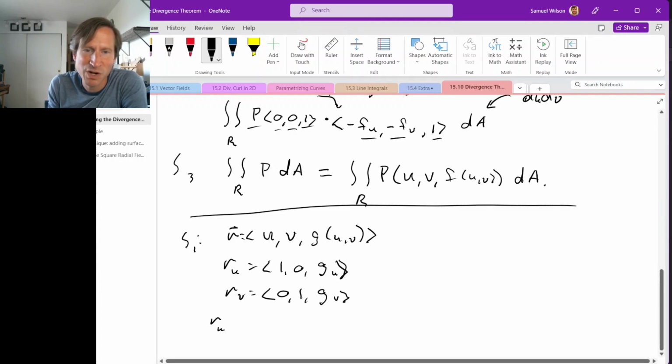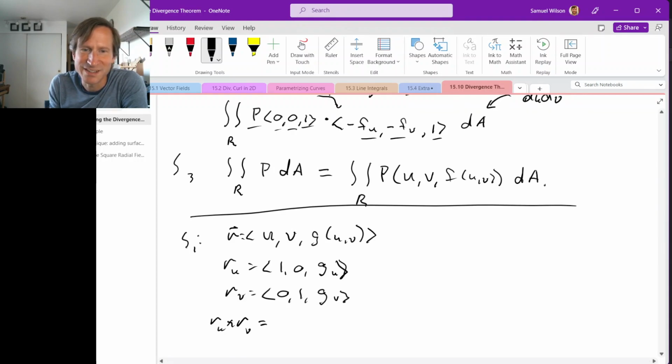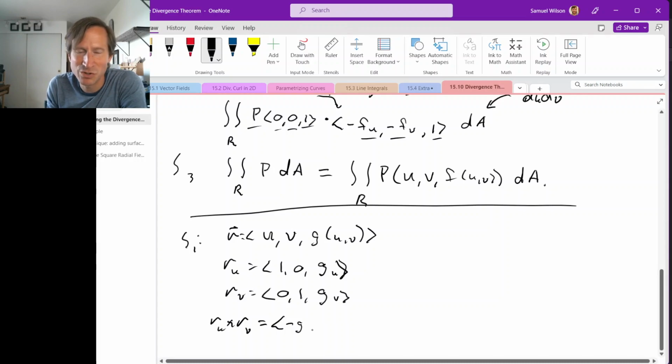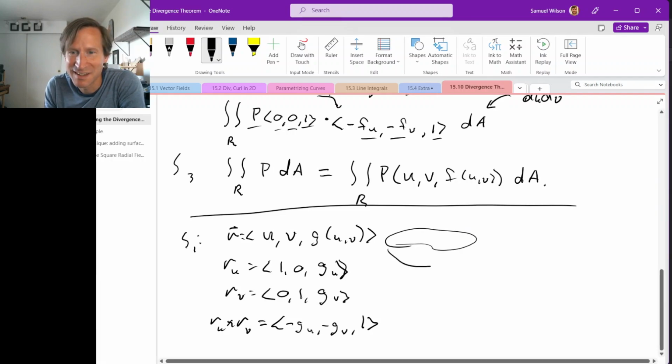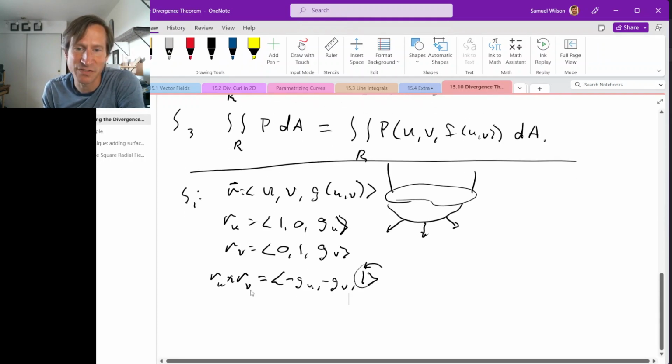And then the cross product of these two is, much like before, (minus g sub u, minus g sub v, 1). And because this is the lower cap, remember this surface is below the rest of the volume, we need our normal vector to be pointing generally downwards, and this one is pointing generally upwards, so we need to take the negative of this.